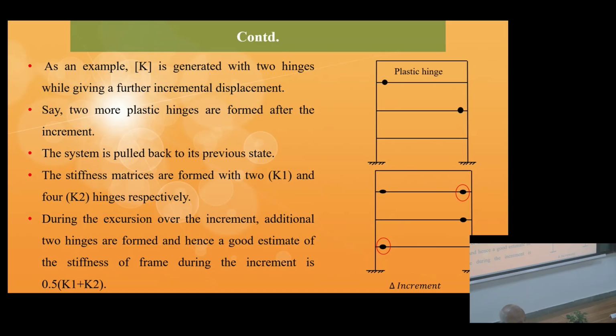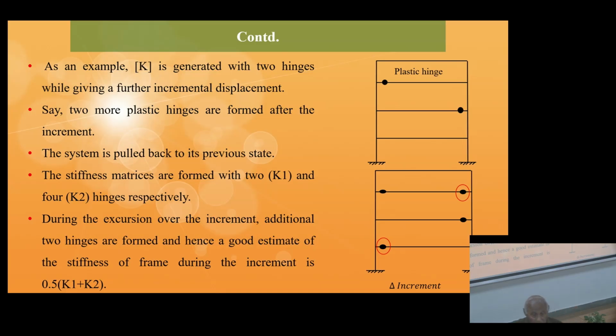With that modified stiffness matrix, I multiply it by the delta displacement. Delta displacement is known to you. On the top you have given it a displacement, right? And multiplying by the mode shape factors, you find the other floor displacements.